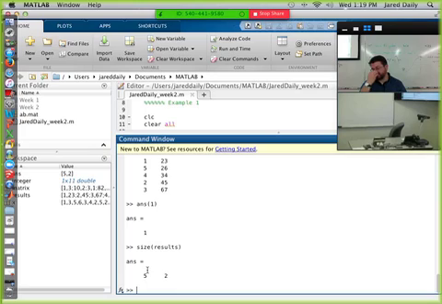So we put in the array results, and the results array essentially is this array of 5 rows, 2 columns. And so the first thing is the rows, the first dimension, 5. The second one is the second dimension, columns, 2. So 5, 2. This is a 5 by 2.